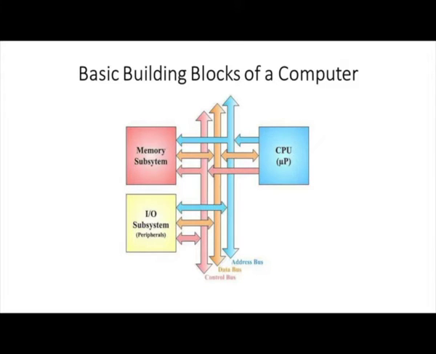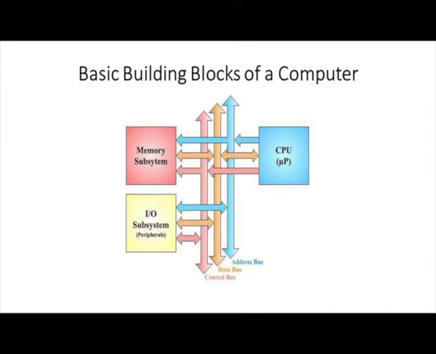These three components of the computer communicate with each other through buses. There are three types of buses, namely the address bus, the data bus and the control bus. The address bus carries the address of the devices in the I/O subsystem as well as the address of the location in the memory subsystem, using which the CPU can reference a particular data in the memory or the I/O.